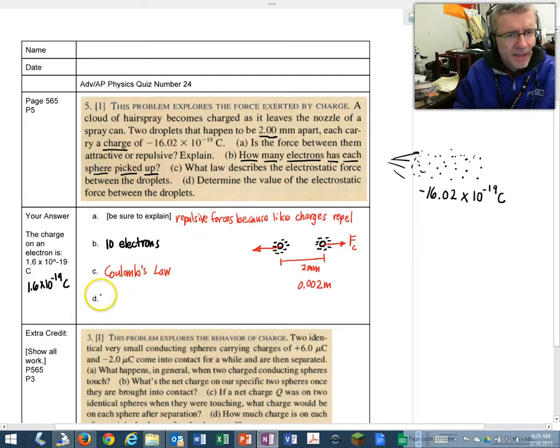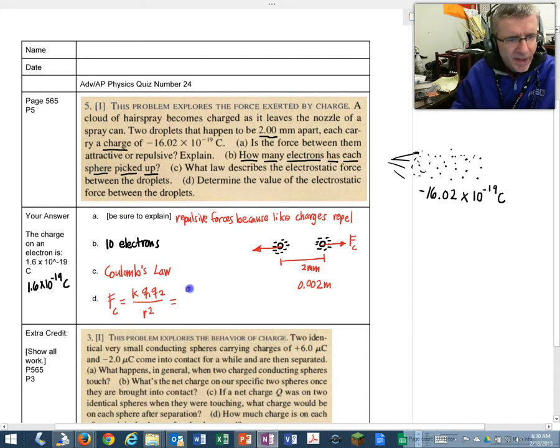Okay, now part D. What's the value of the electrostatic force between droplets? So we're talking about F of C, the Coulomb force, K times Q1, Q2, all over the distance between the two charges squared.